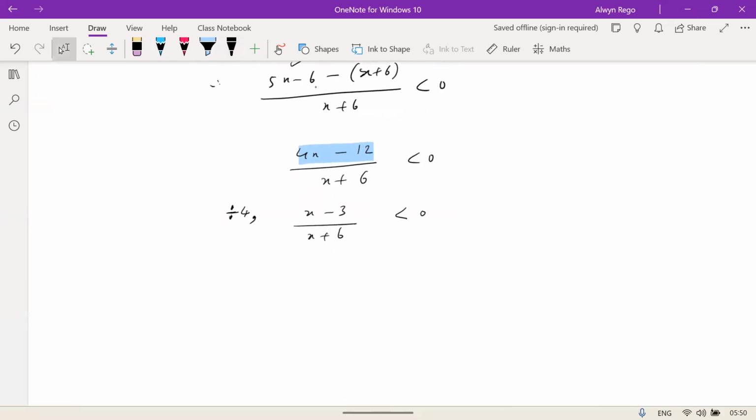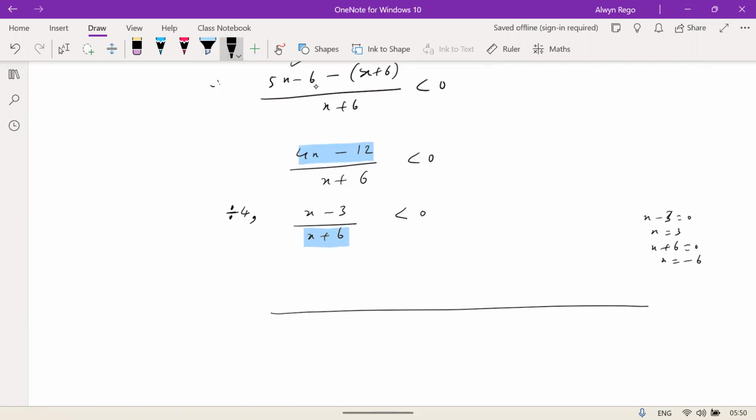Now the same story again. I look at the zeros of the numerator and denominator. So x minus 3 equal to 0 gives x equal to 3, and x plus 6 equal to 0 gives x equal to minus 6. I'm always a little uneasy about minus 6, because the denominator is 0 and the expression is not defined.